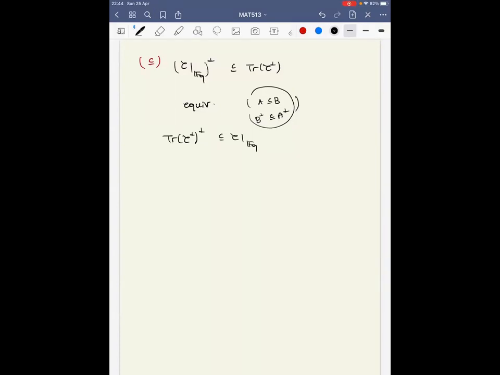And to prove this, towards a contradiction, we suppose not. So let me suppose that there is a vector u in this vector space, but not in C. Then for some vector v from C dual, we get the inner product of u and v as non-zero.